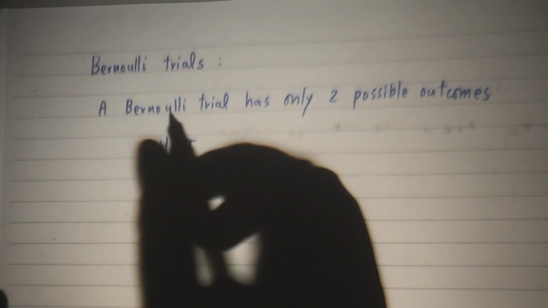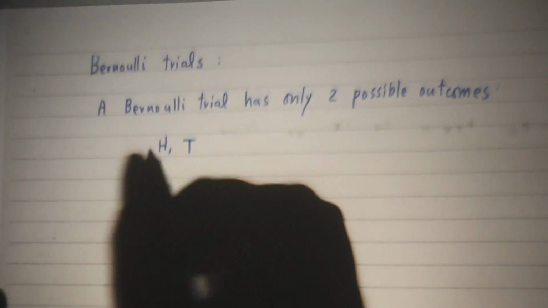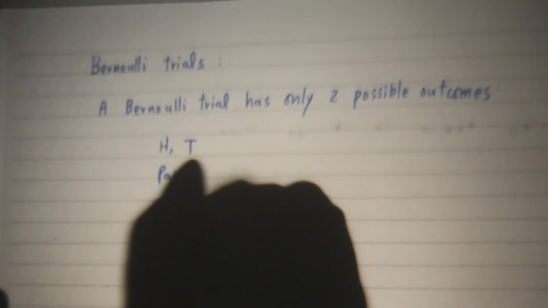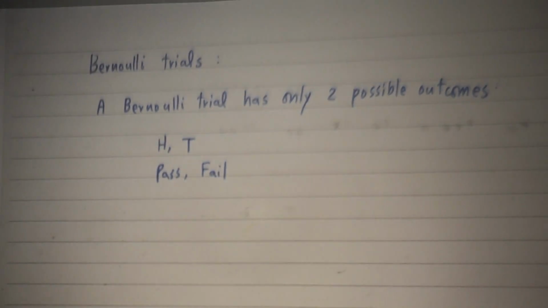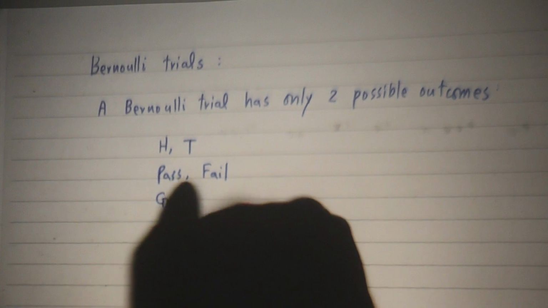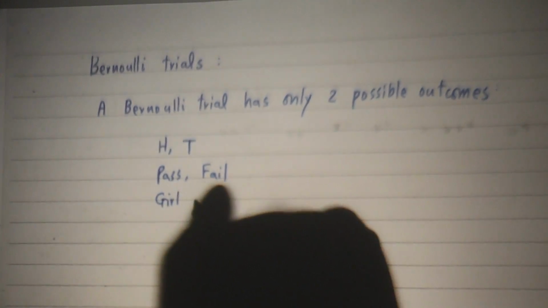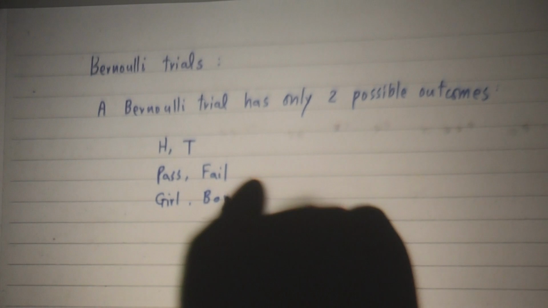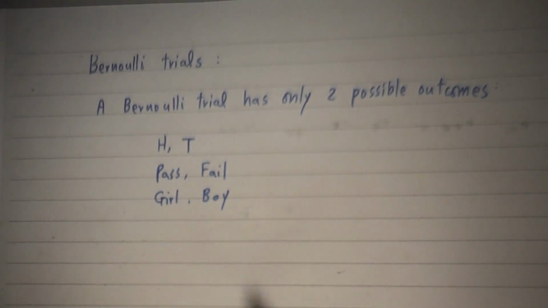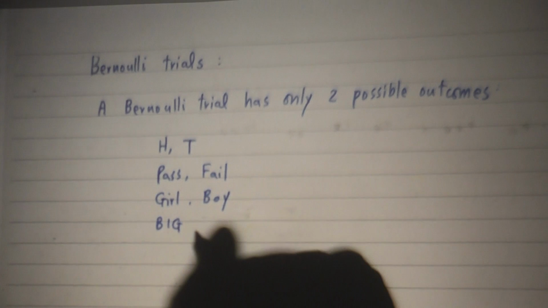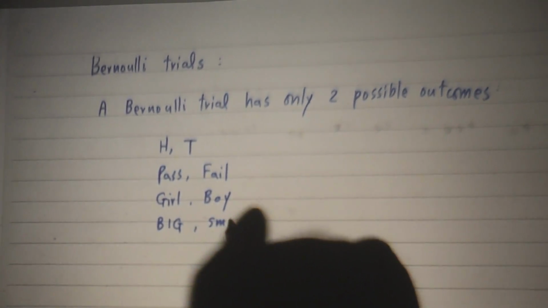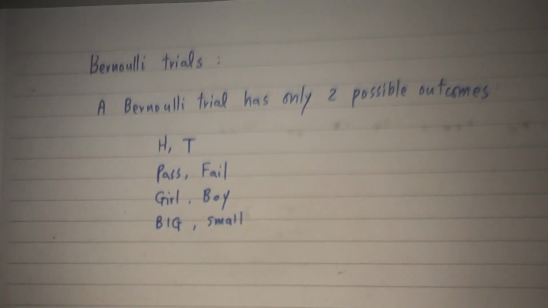If you are taking an exam, also two possible outcomes: either you pass the exam or you fail the exam. If you are having a baby, either you have a baby girl or you have a baby boy. Only two possible outcomes. Either you find something big or you find something small.